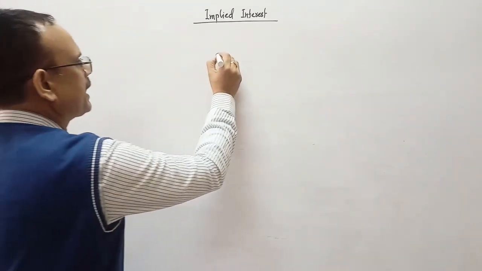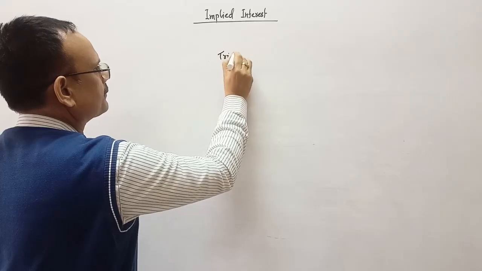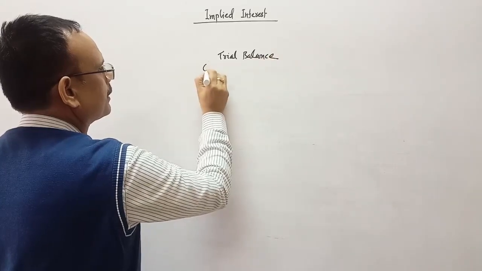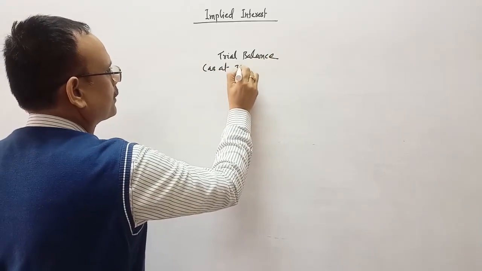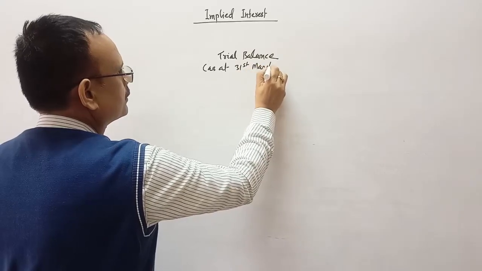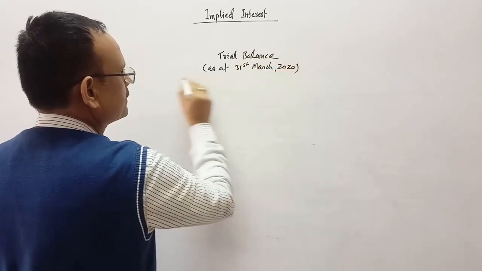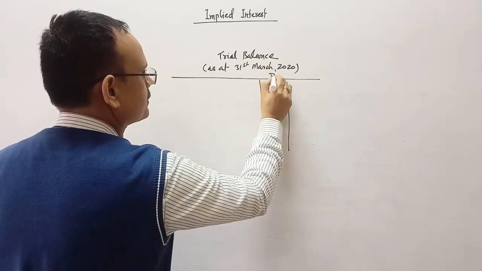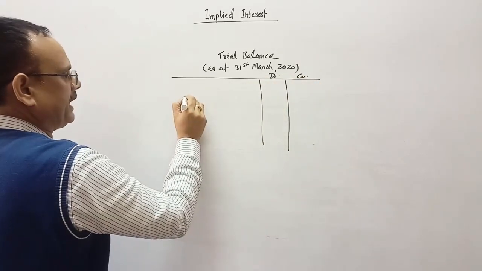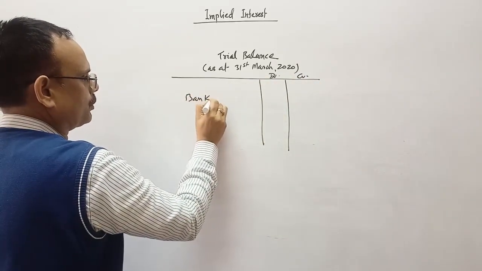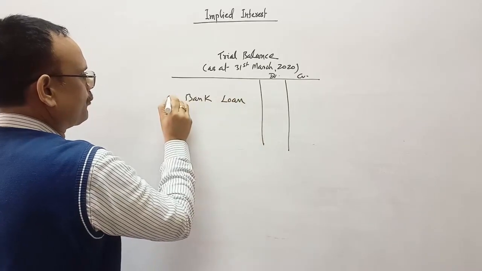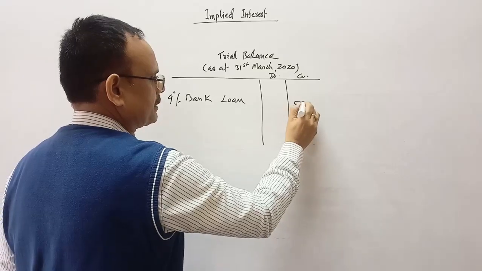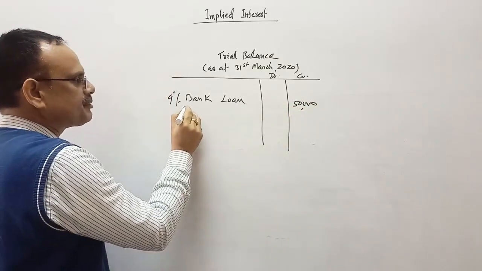For example, suppose in the trial balance as at 31st March 2020, there is a bank loan at the rate of interest of 9%, suppose it is 50,000. The loan date is mentioned over here.